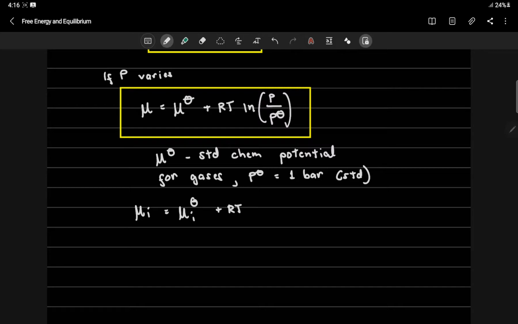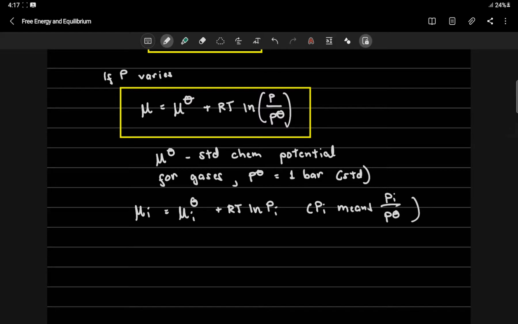Plus RT ln. Now, normally, naka-express siya as P, or P sub I. So kapag nakita nyo siya na ganyan, it means P sub I really means P sub I divided by the reference standard pressure. So just for your information.